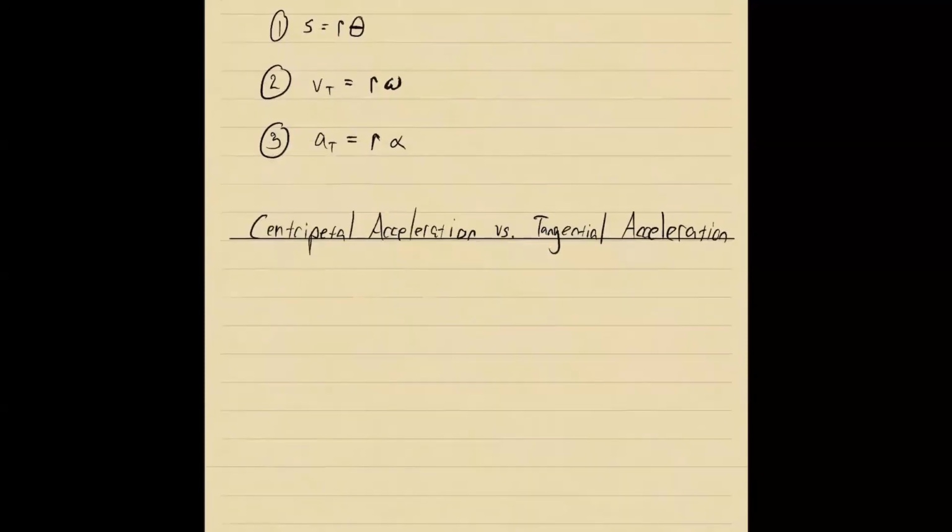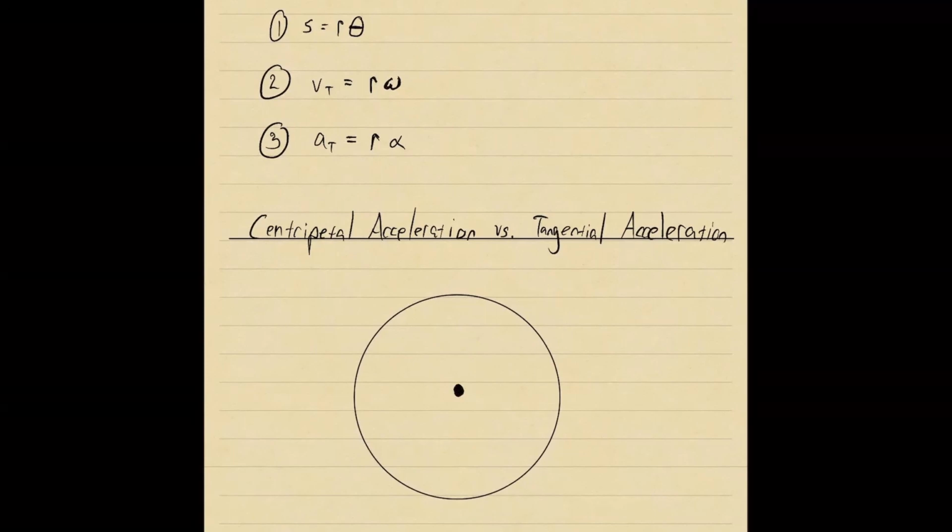Let me try and write down a picture, sort of shows what each thing is. So this is our object moving around in a circle. And let's say that this is the center of our circle. Then we know that if something is undergoing uniform circular motion, it must have some centripetal acceleration that points from where we are on the circle directly towards the center of the circle.